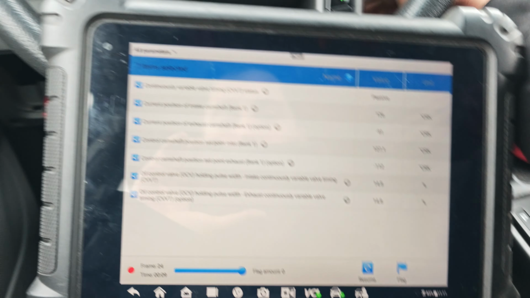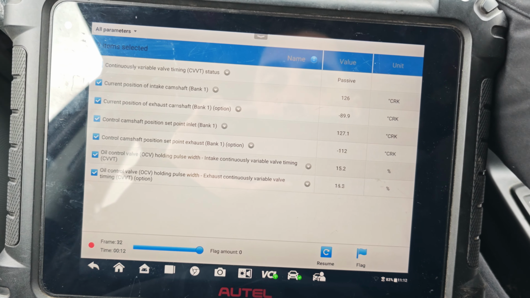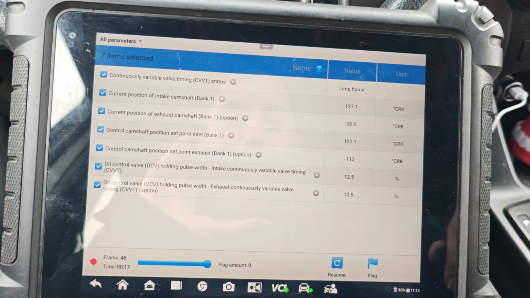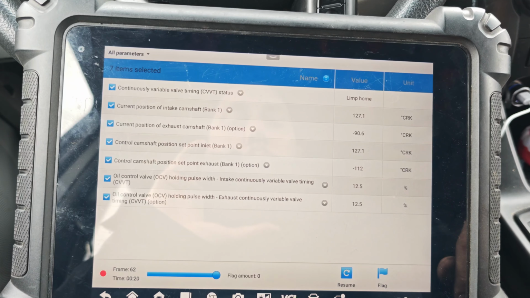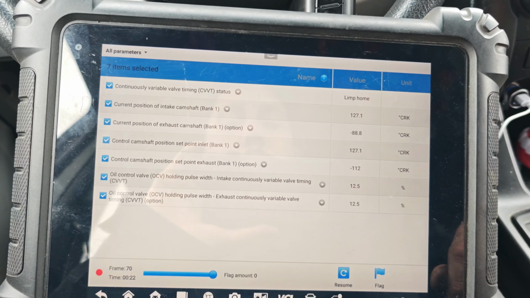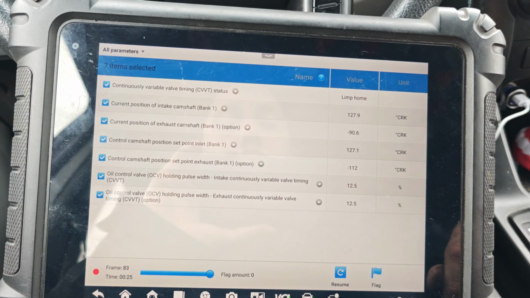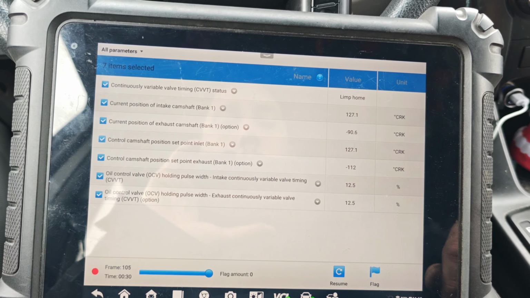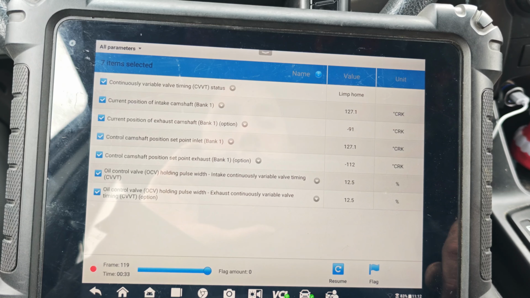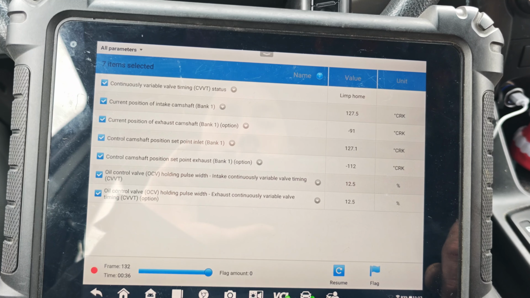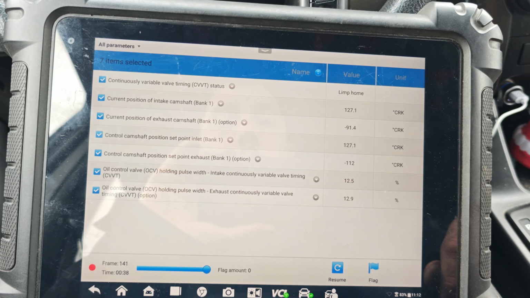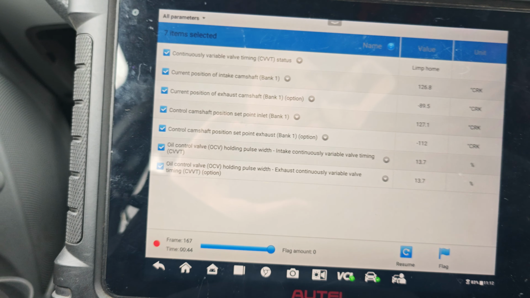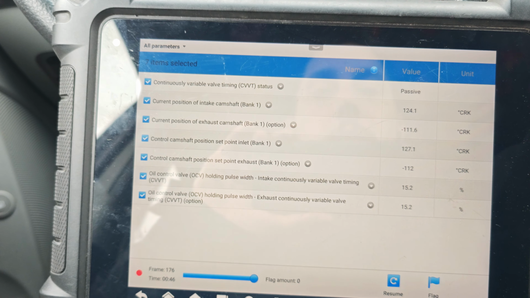We'll see the command now. Or our phaser's sticking.